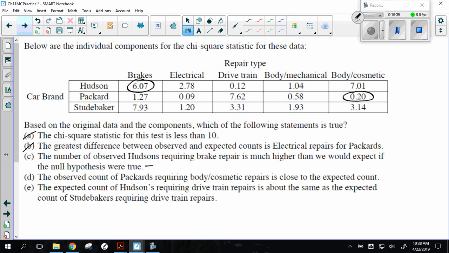That is a fairly low value. If they're close, we should wind up with a fairly low individual chi-square component. Let's see.